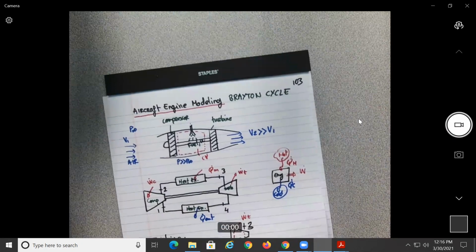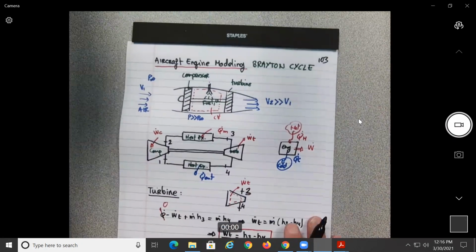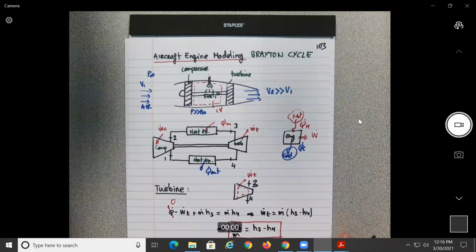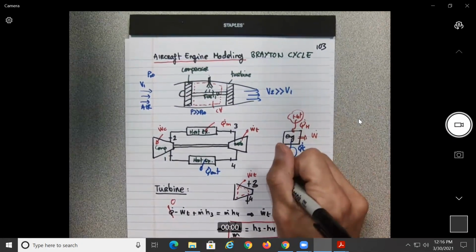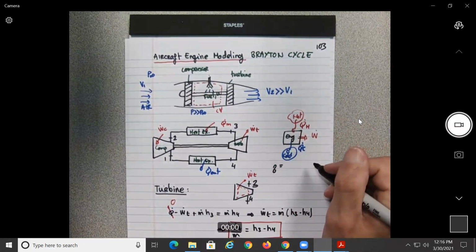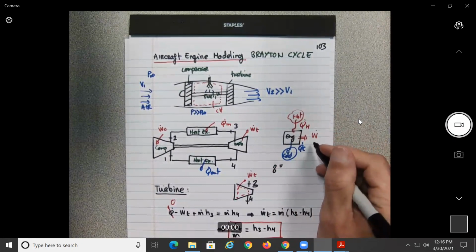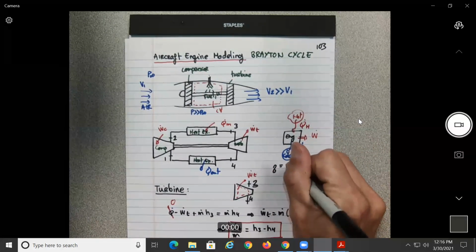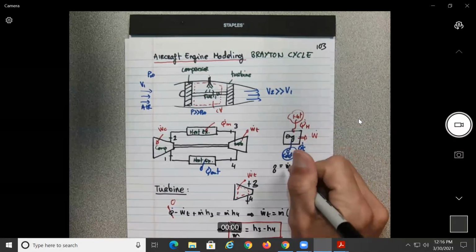Okay, maybe before we move to the next page, let me add something here to give you direction. What is the efficiency for any power cycle? It is whatever you get out divided by whatever you put in, right? So what are you getting out? The power. What you put in?